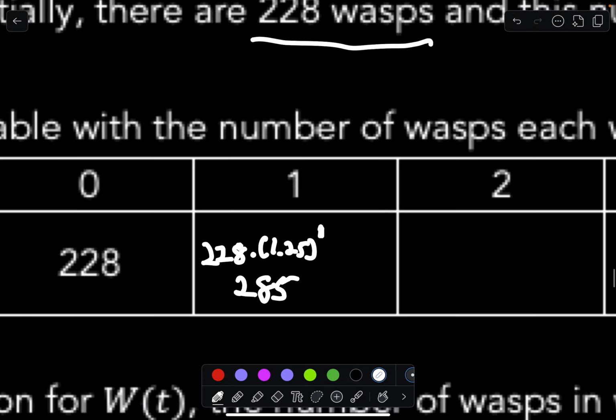And then on the second week, I'm just going to go ahead and use the formula. It'll be 228 times 1.25 to the second power, and that gives us 356 wasps.